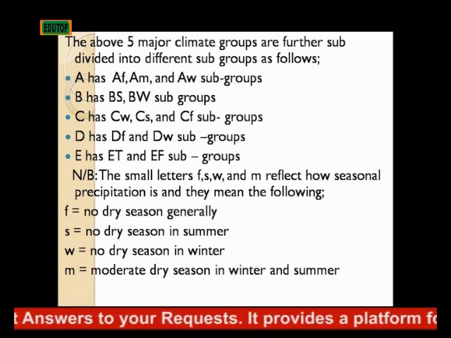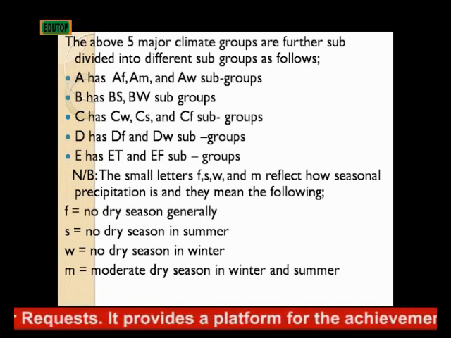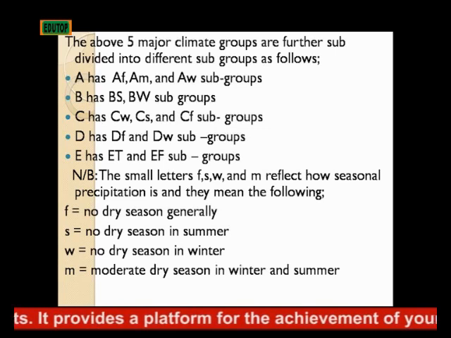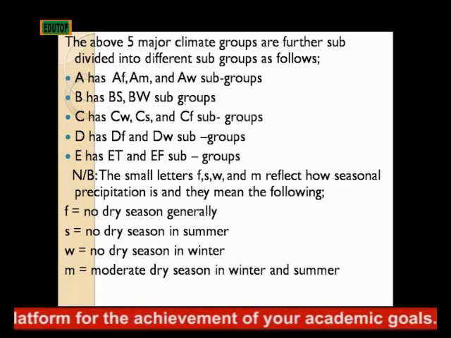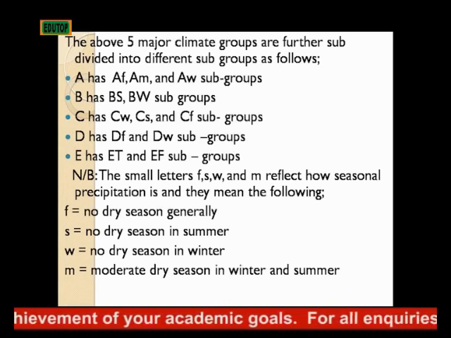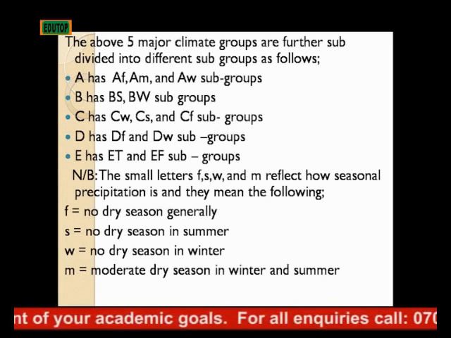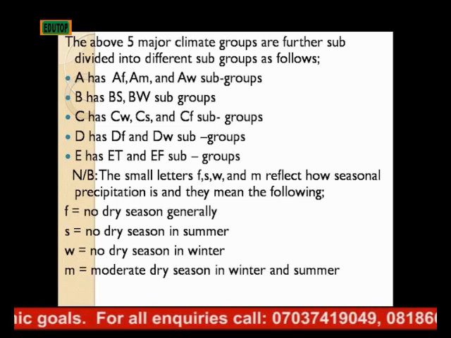The B type has BS, BW subgroups, and C has CW, CS, and CF subgroups. The D type of climate has the DF, DW subgroups, and finally E has ET and EF subgroups.